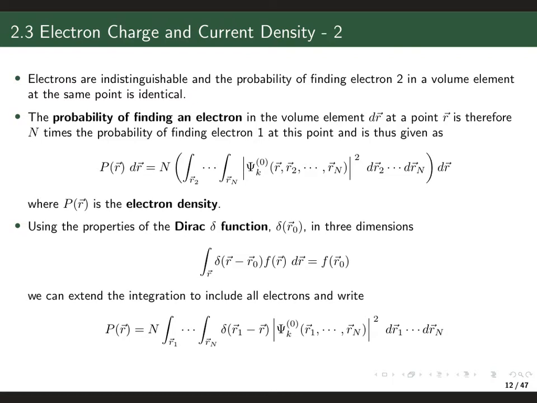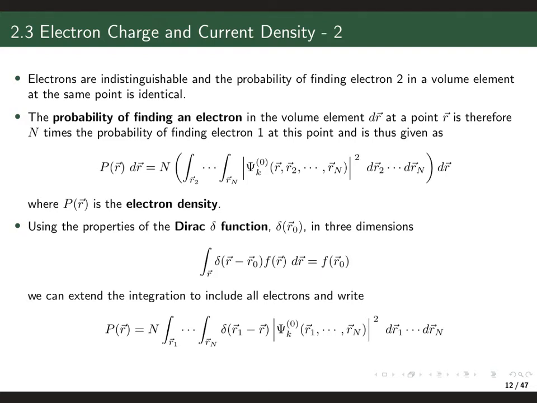In general, the property of a Dirac delta function is that if we have some particular function, f of r, r a position vector because it's in 3 dimensions, multiplied with this Dirac delta function where we have here r, that's the variable, and then minus r0, which is one particular value of this variable, and we integrate over the whole space, then the Dirac delta function picks out the value of our function for this particular value of the variable, which in our case is a vector.